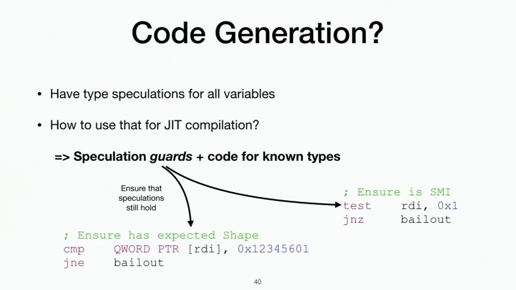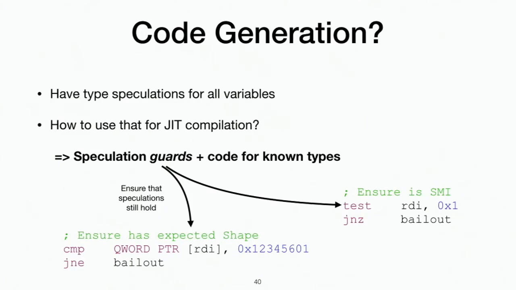The trick here is to use so-called speculation guards. These are just small pieces of machine code that ensure that our speculation still holds at runtime. They come in different flavors. Here are two of them. On the right side, you see an SMI guard. That just makes sure that some variable is an SMI as we expected.